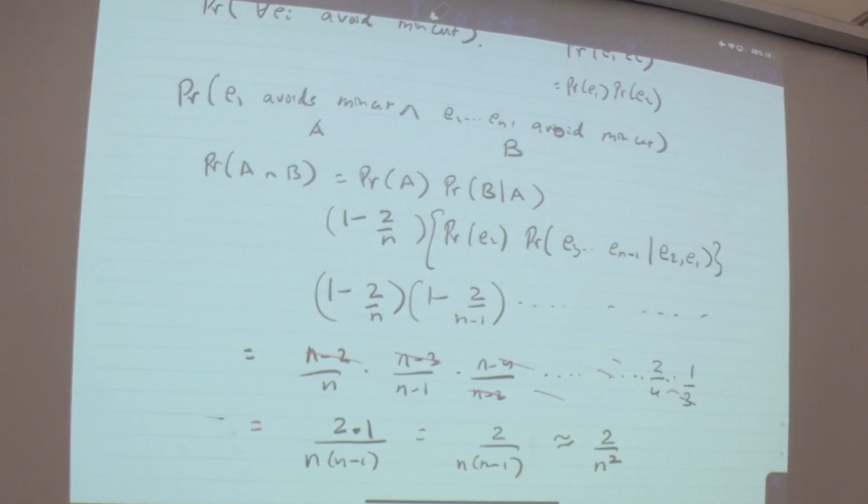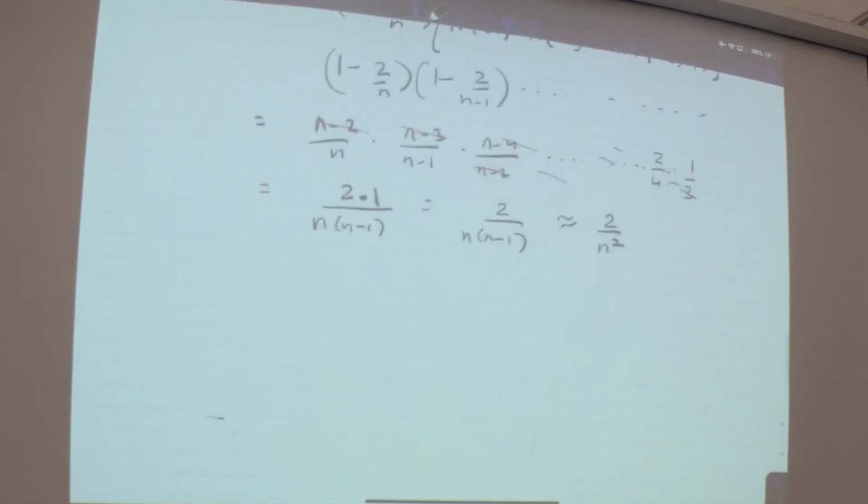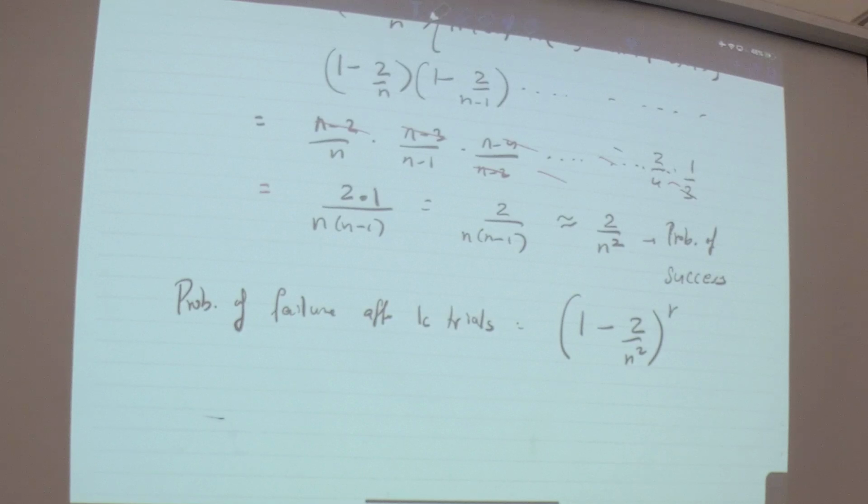So if I did this k times and took the minimum of all the answers I got, because they're all valid cuts, what is the probability that the answer I get is still not the min cut? It's the probability that each of those trials fail. This is the probability of success. So the probability of failure after k trials is equal to (1 minus 2 over n squared) to the k.